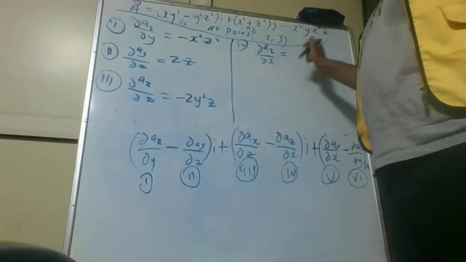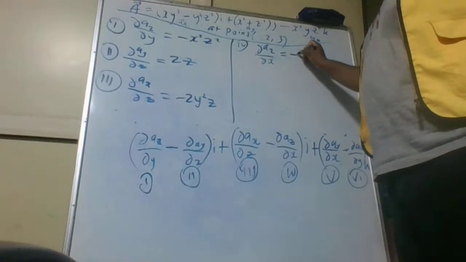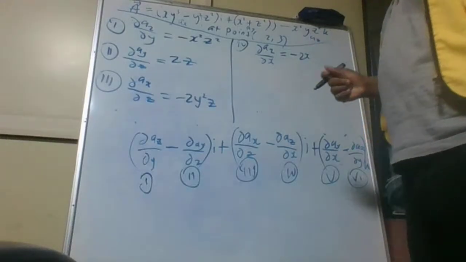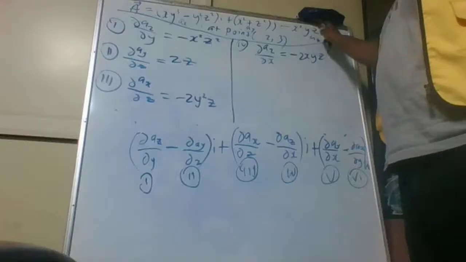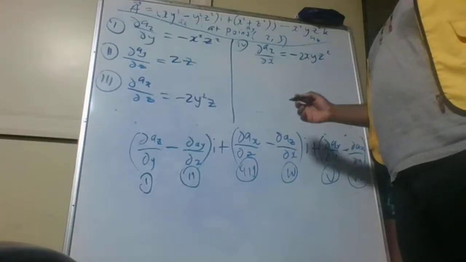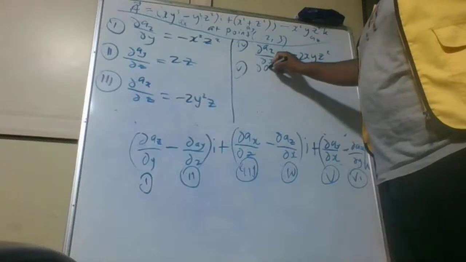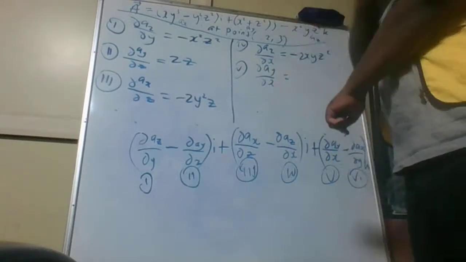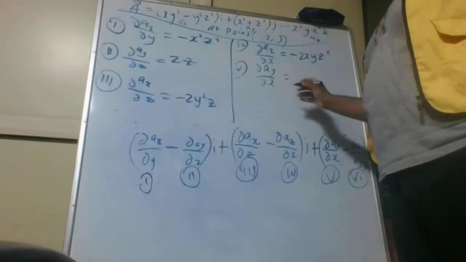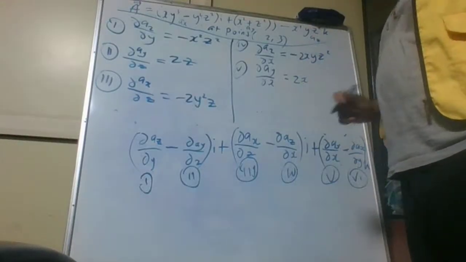If you differentiate with respect to x, we are going to have negative 2x y z squared, because y and z squared are constant. For 5, we have the partial derivative of Ay with respect to x, and Ay is equal to this. If you differentiate, you have 2x plus 0 because z squared is constant.